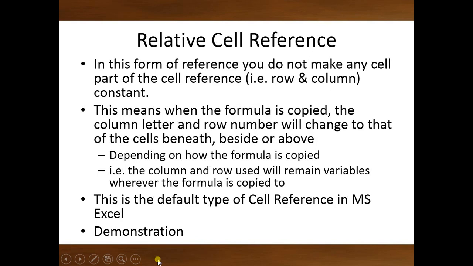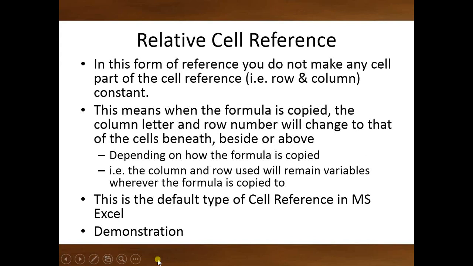This means when the formula is copied, the column letter and row numbers will change to that of the cells beneath, beside, or above, depending on how the formula is copied. That is, the column and row used will remain variables wherever the formula is copied to. I hope you get it.